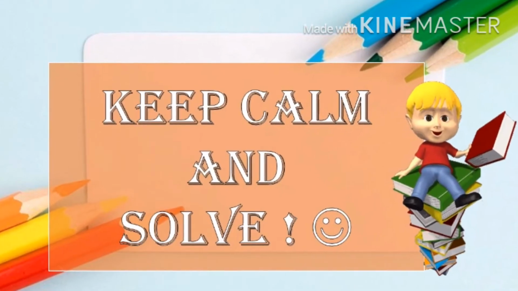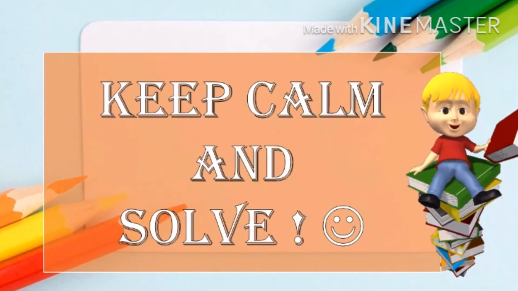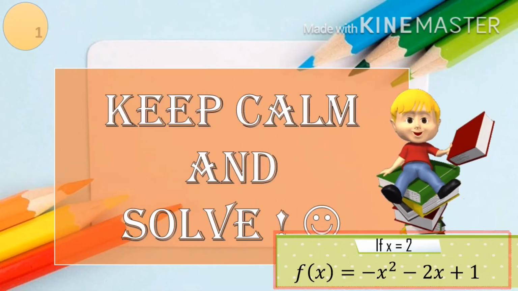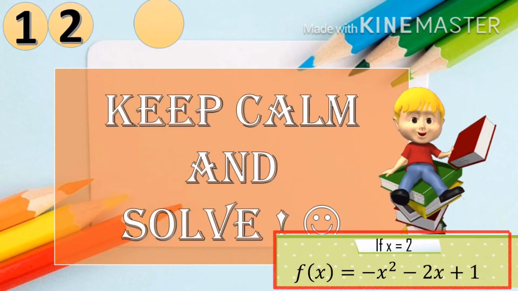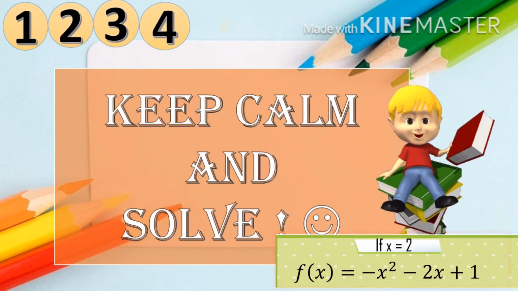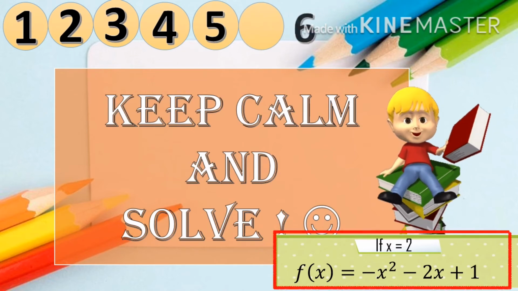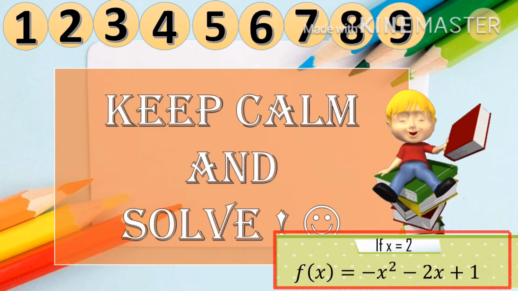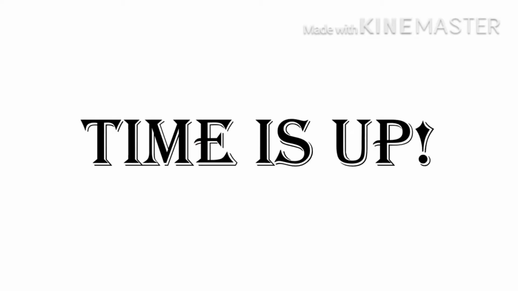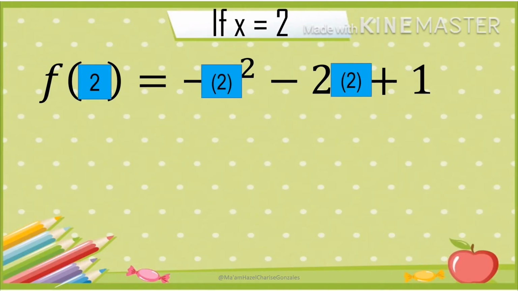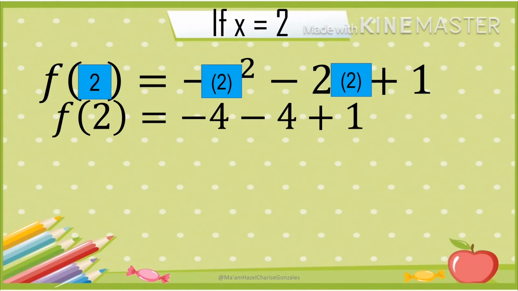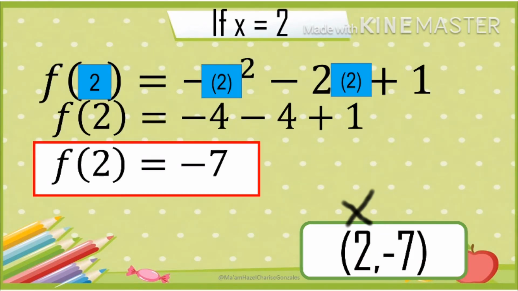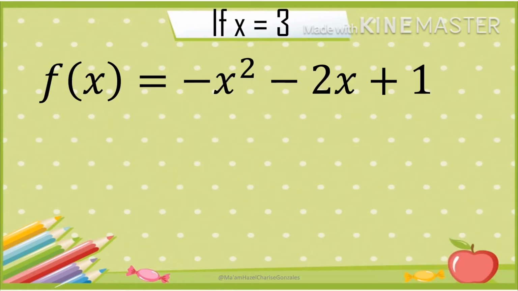I hope you get it. Let's try another one. How about the function value of 2? The function value is negative 7. So therefore, when x is equal to 2, y is equal to negative 7.